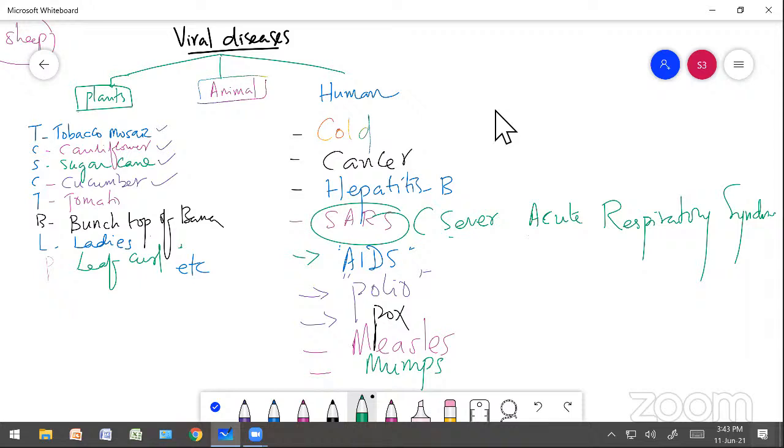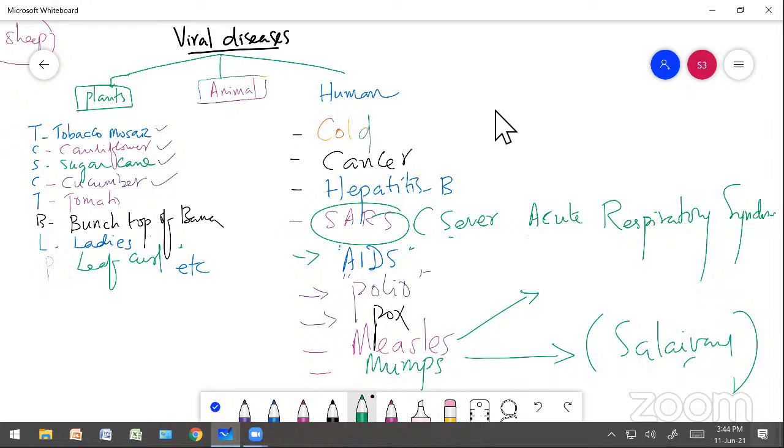What is the difference between measles and mumps? Actually, in mumps there is a swelling in the salivary glands of human beings.